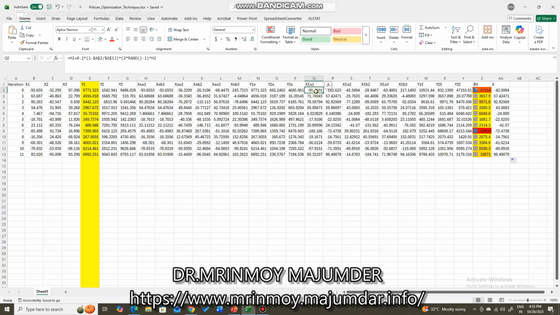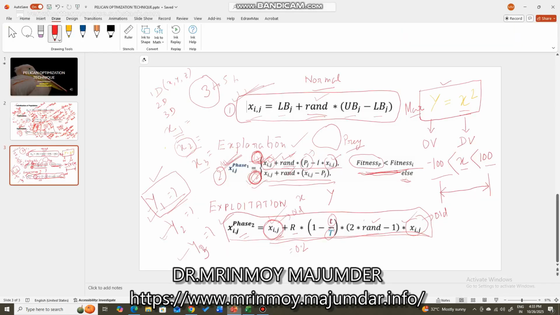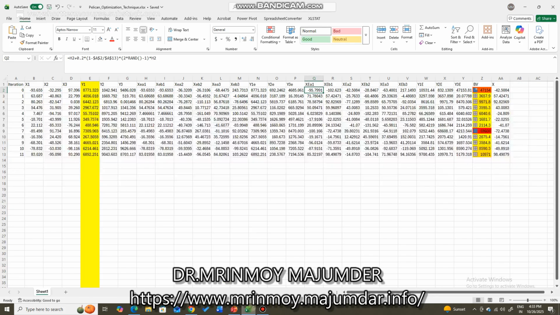Next comes the value of x that I have calculated with the help of the exploitation equation. Here also I do not know which value will be the old x, whether it will be the equation 1 value or the equation 2 value, so I have generated x for both.